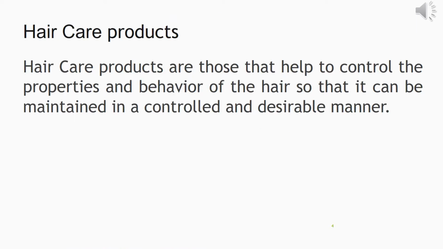What are hair care products? Hair care products are those that help to control the properties and behavior of the hair so that it can be maintained in a controlled and desirable manner. Hair care products will be those which we want to make our hair look better, feel better and healthy.